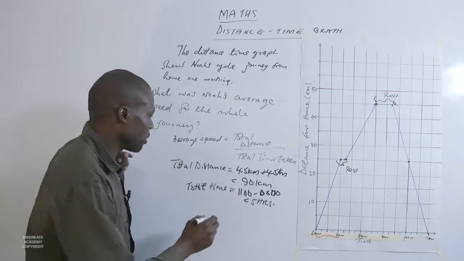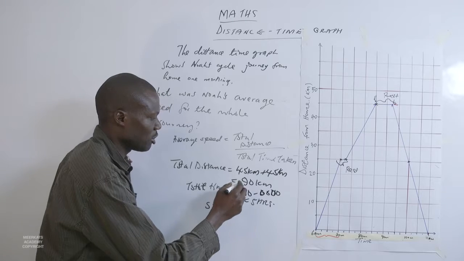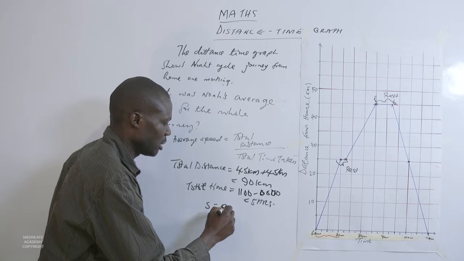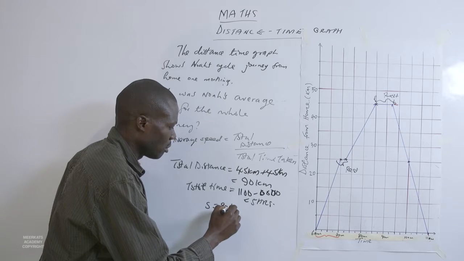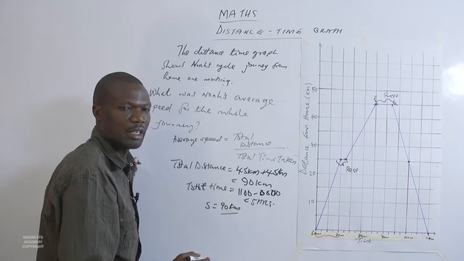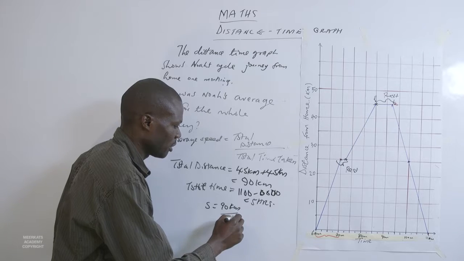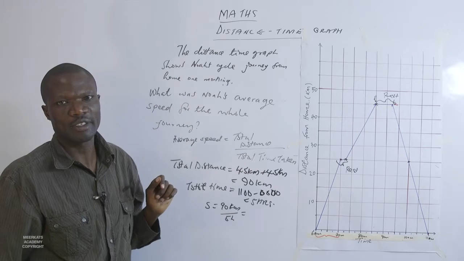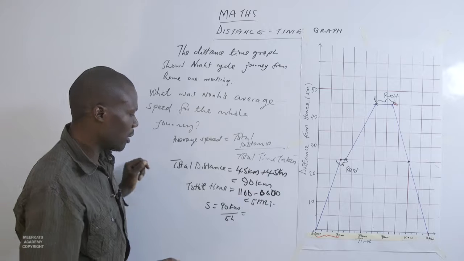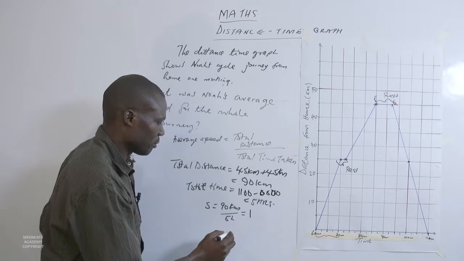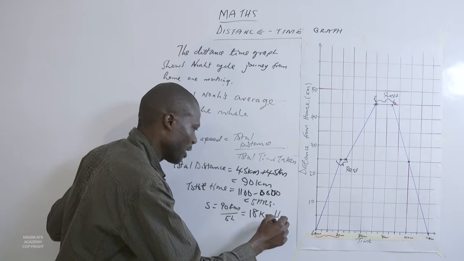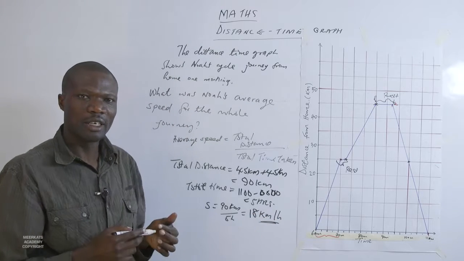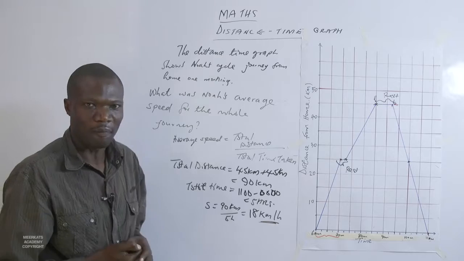Then the average speed S is the total distance, which is 90, over the time taken, which is 5 hours. And when you simplify this, you'll find that what you get is 18 kilometers per hour.